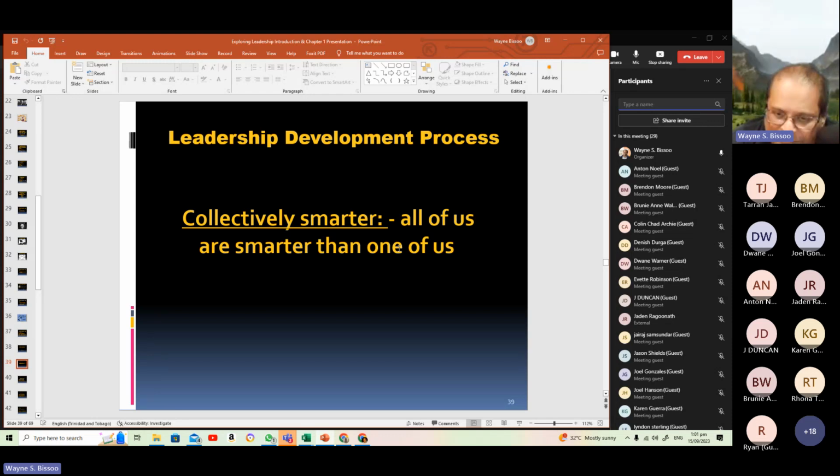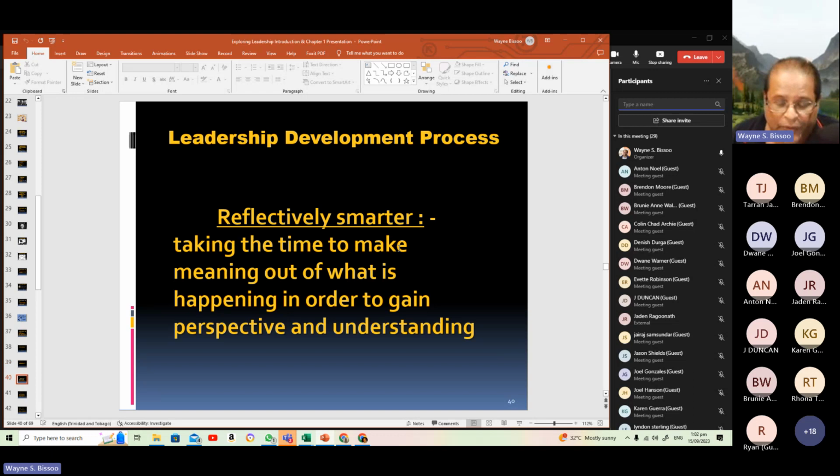That's why collectively smarter is that all of us are smarter than just the one of us. That makes sense? This is why the college places so much emphasis on teamwork and group work. And you guys are working in organizations, and your jobs require that you work in teams and groups all the time. So this is not anything new for you.